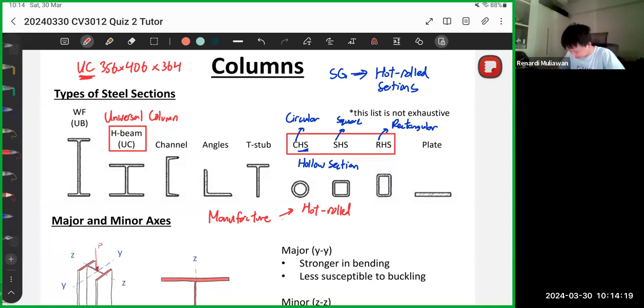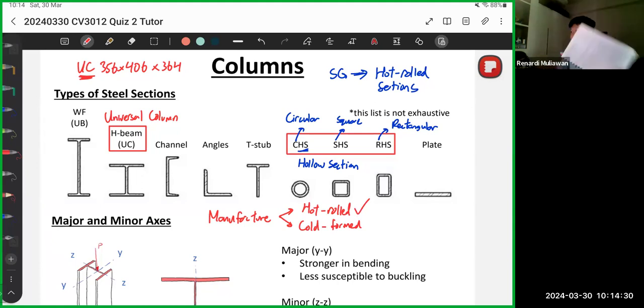The other one is cold form. You can read about this online, but usually for Singapore, we use hot roll. I'm saying this because the cross-section table actually has two, hot roll and cold form. So for your case, just use hot roll all the time. So that's the types of steel sections for columns. There are four common again: UC, CHS, SHS, and RHS.